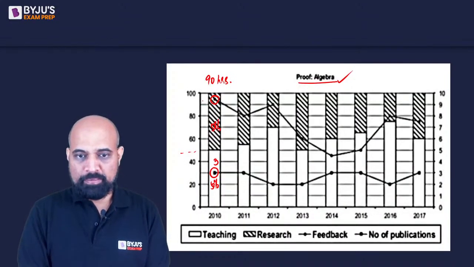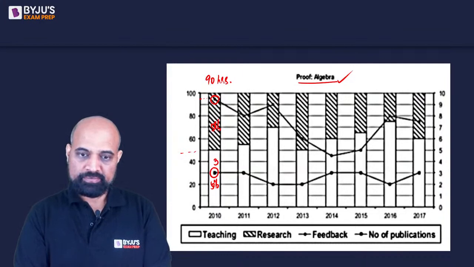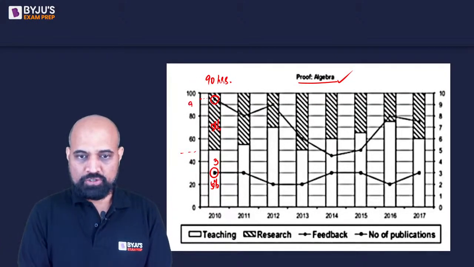So he has published, well, it can't be 9.5 publications, right? So it shouldn't be the right hand side, it should be the left hand side. So this is going to be 90, so he must have published 95 papers.